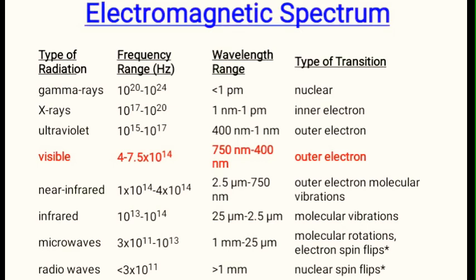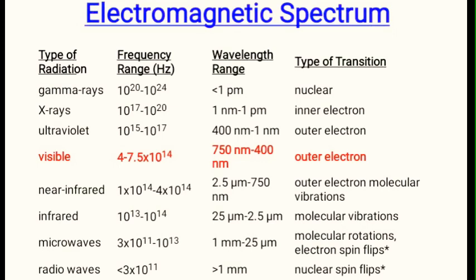Next, near infrared, that is 1 into 10 raised to the power 14 to 4 into 10 raised to the power 14, and the range is 2.5 micrometer to 750 nanometer, outer electron molecular vibrations. Infrared, 10 raised to the power 13 to 10 raised to the power 14, and the range is 25 micrometer to 2.5 micrometer, and the transition is molecular vibration.